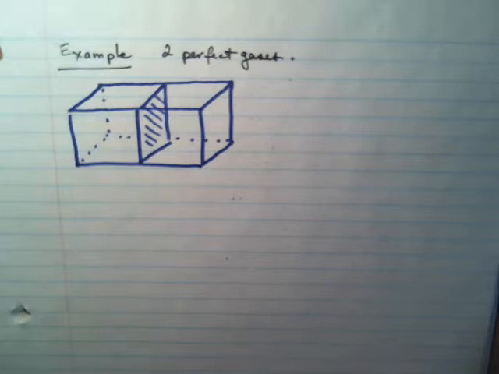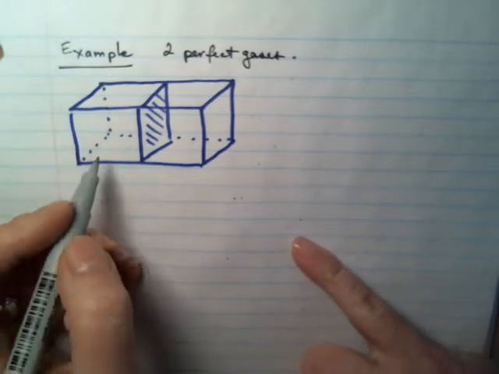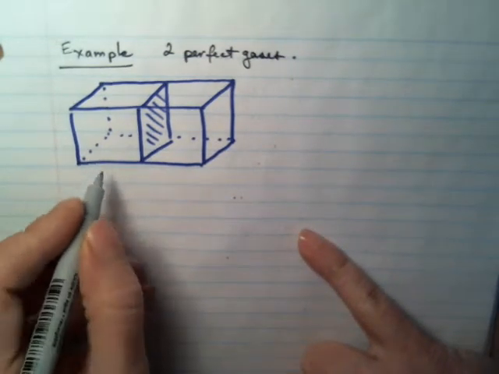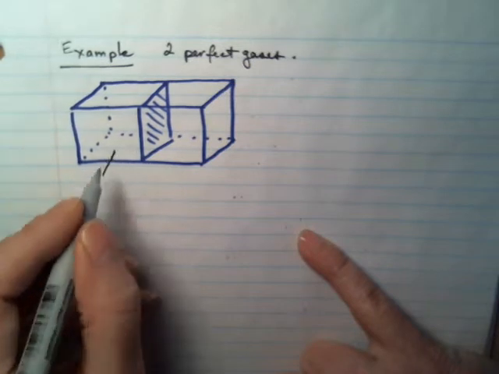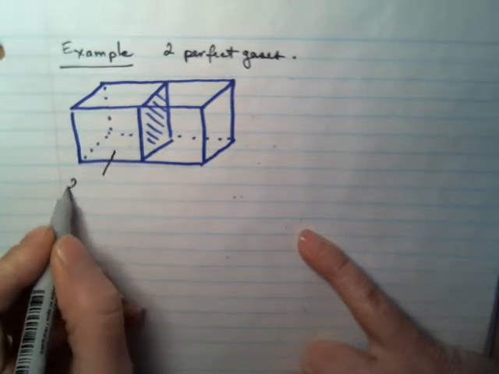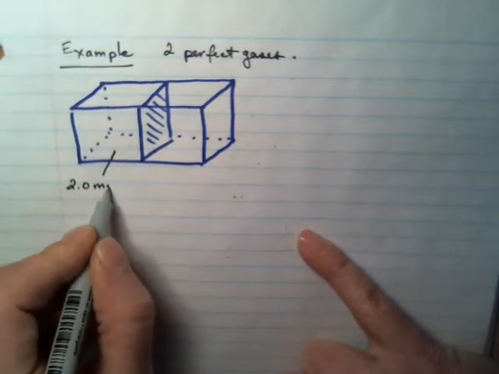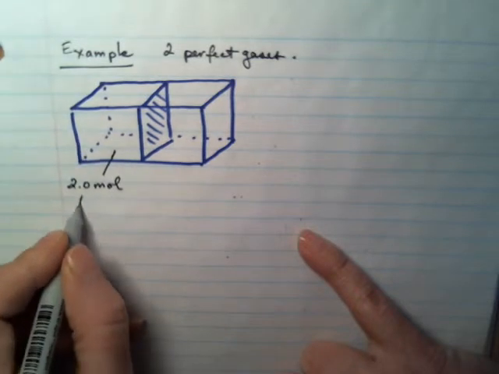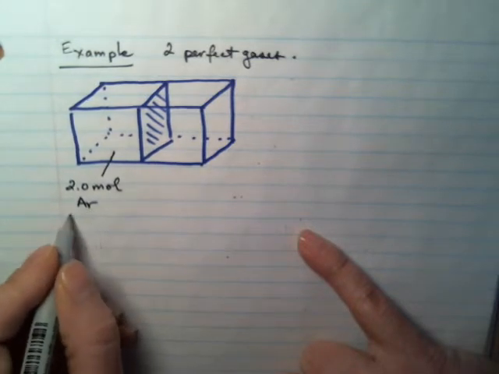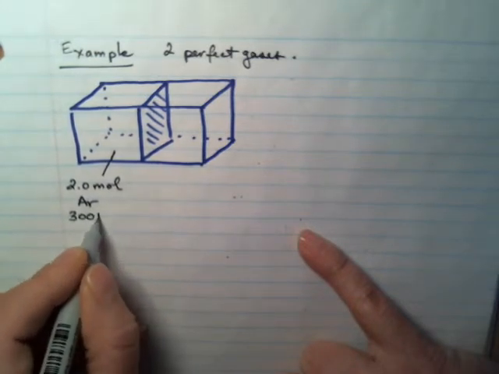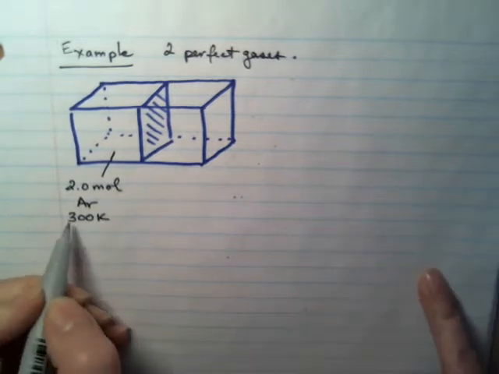That's my best attempt at a 3D rendering. And on this side, I said that we had 2.0 moles of argon, and we said that it was at 300 Kelvin.